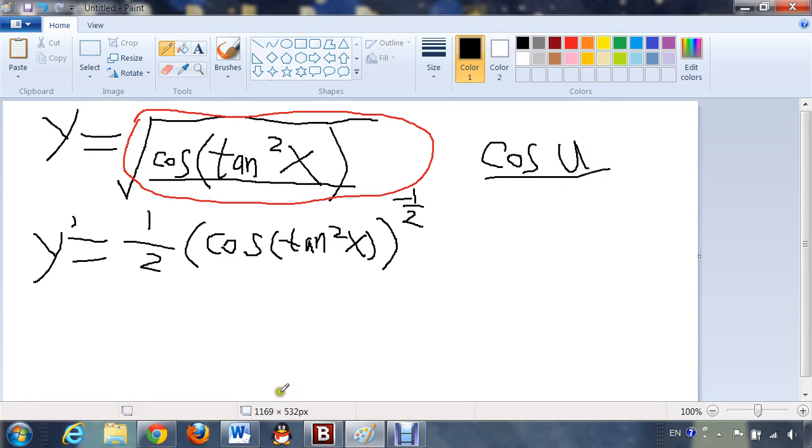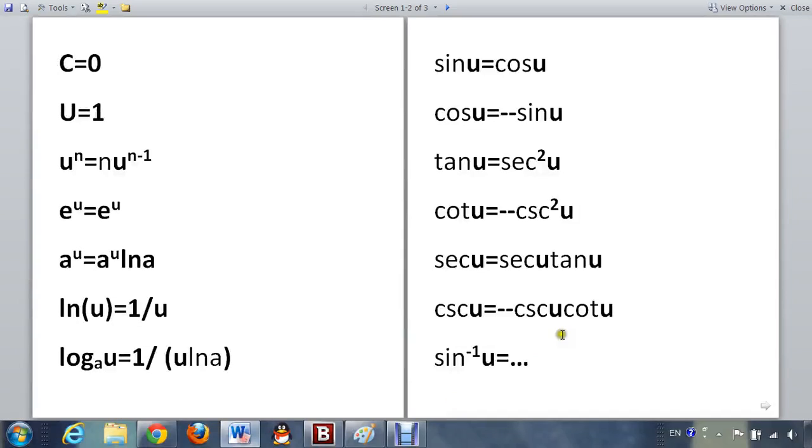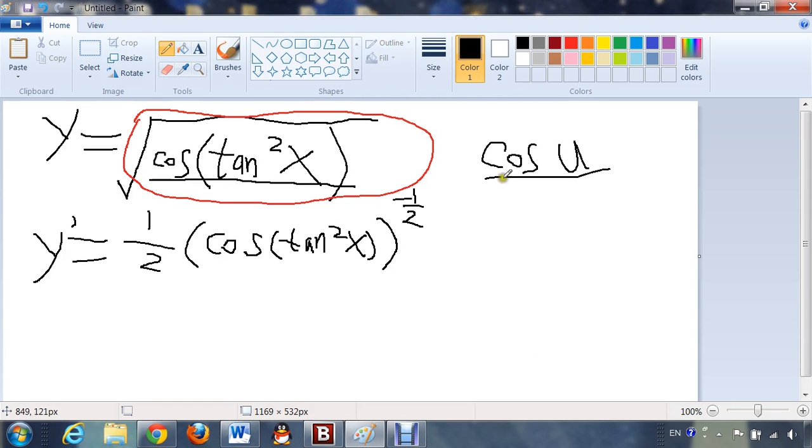Since we know it's cosine of something, we go to the sheet to find the derivative of cosine of something, which is negative sine of something.